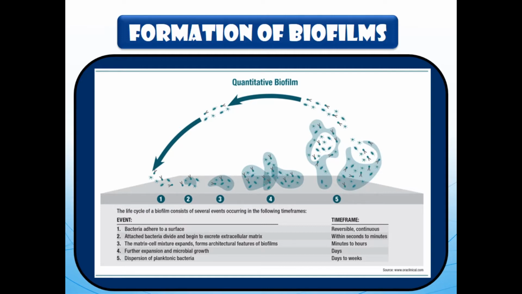And the third stage involves the multiplication and metabolism of attached microorganisms. This is simply known as bacterial growth and biofilm expansion. And during the last stage, the fourth stage, it involves the detachment of small or large clumps of cells, or a type of seeding dispersal that releases individual cells.